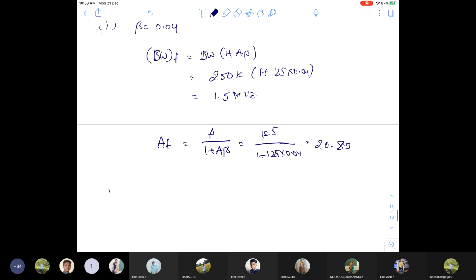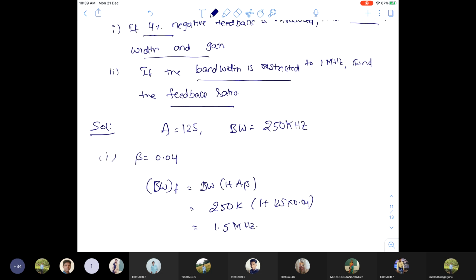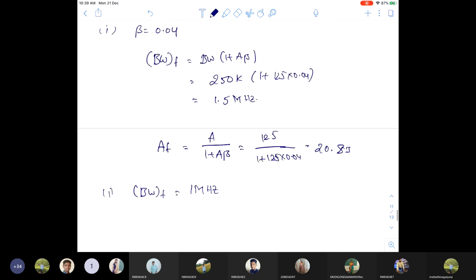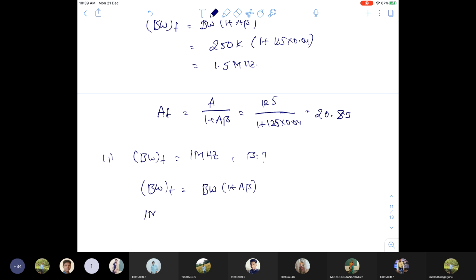And the second bit: BWF is given as how much? 1 megahertz is given. If the bandwidth is restricted to 1 megahertz, find the feedback ratio. The new bandwidth is given; now we have to calculate beta. Same formula: bandwidth with feedback equals bandwidth into 1 plus A beta. So 1 mega equals 250K into 1 plus 125 into beta.